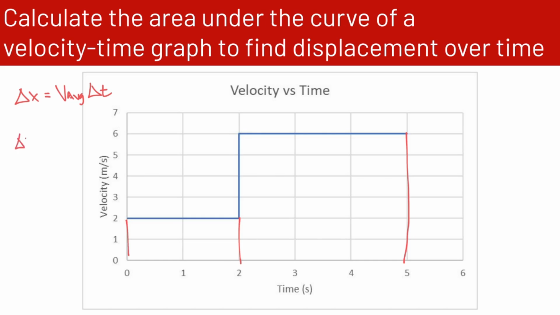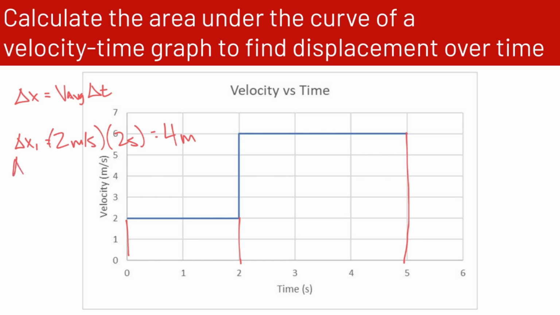So we have delta x, we'll call it delta x1, is equal to 2 meters per second times delta t, which is also 2 seconds. So that's 4 meters, since it's meters per second, and then seconds cancel, so we have 4 meters.